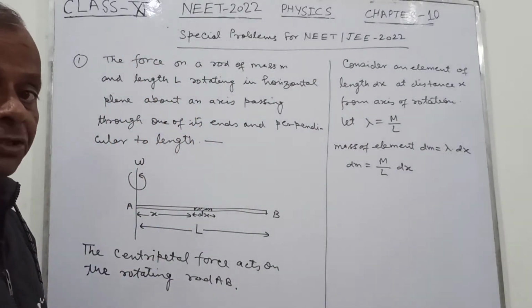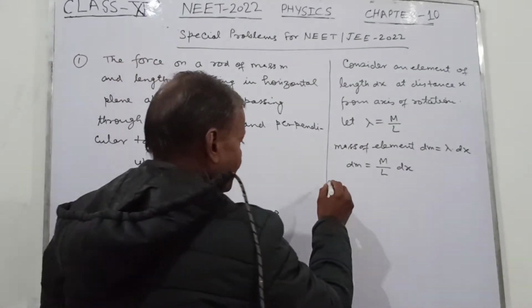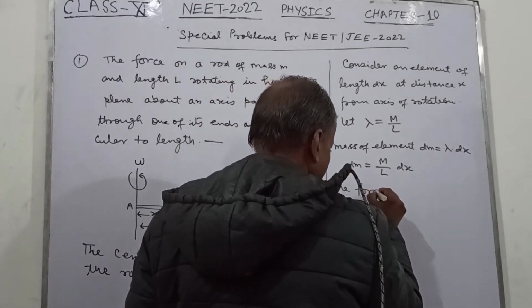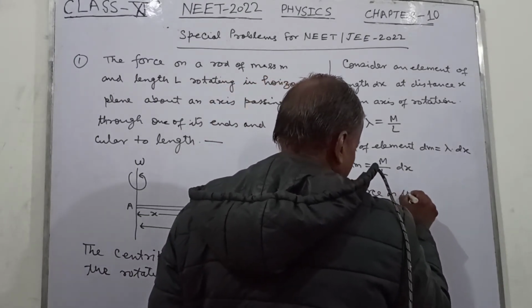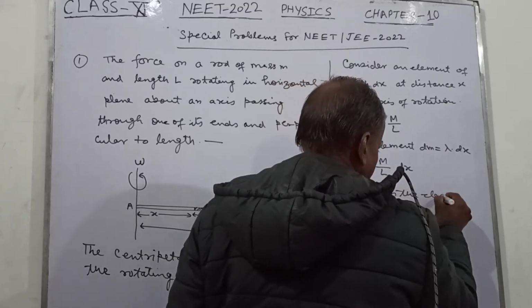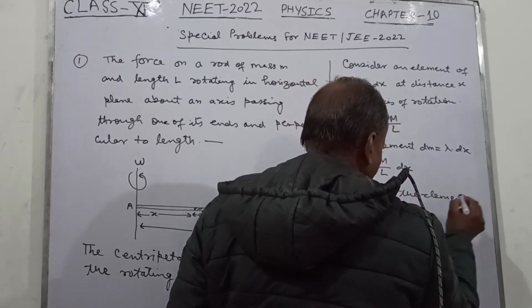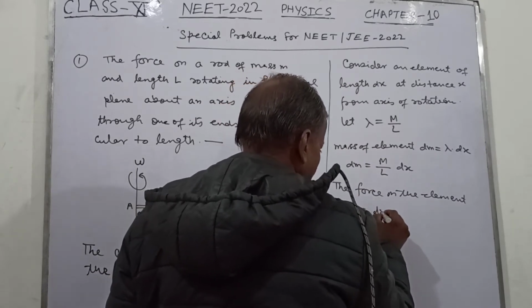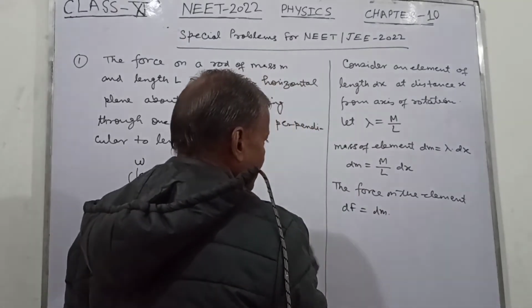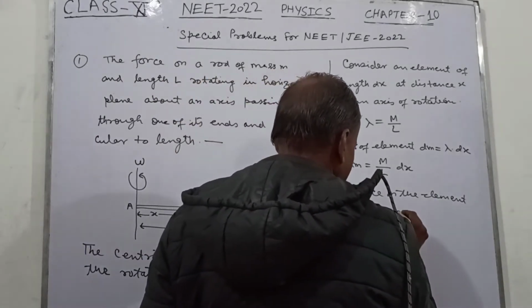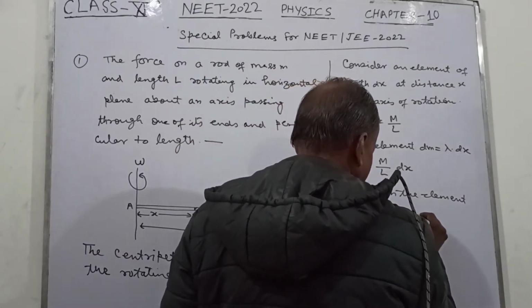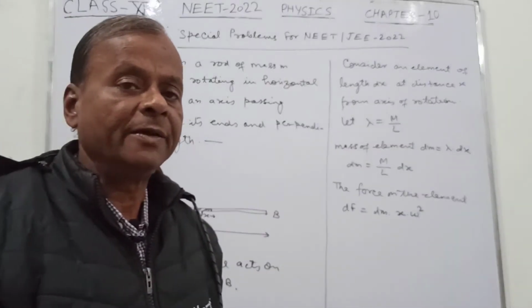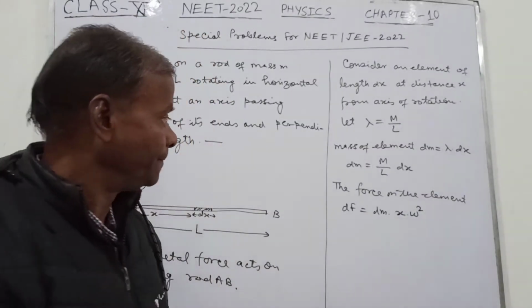Now the force on the element. This dF is equal to dm, the distance is x, and omega square. We simply use the formula m r omega square.